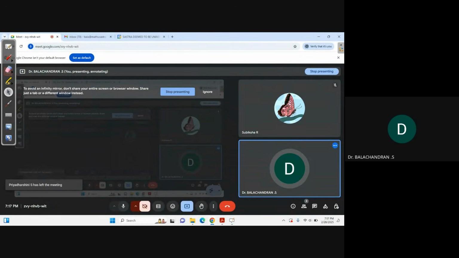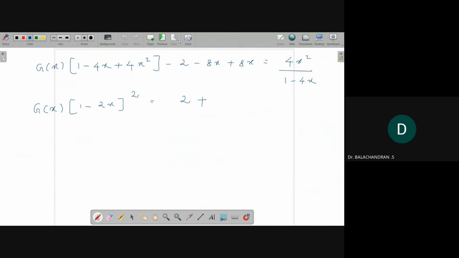Okay, and then 16x square. Okay, here also what? 16x square. Okay. Now 2 plus 16x square divided by 1 minus 4x. So if you take LCM, what you'll get? 2 minus 8x plus 16x square divided by 1 minus 4x.